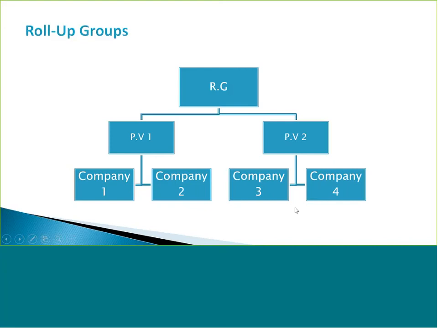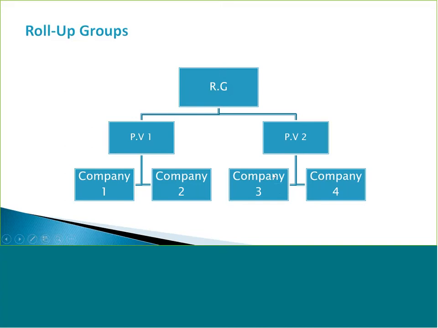Now, company 1 and company 2, maybe they are related companies in one way or another, the type of business. Maybe like for us, we have Maskani developers and Maskani property managers who do real estate. And let's assume there's another 2 companies.